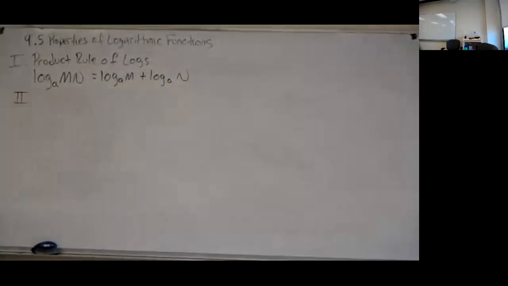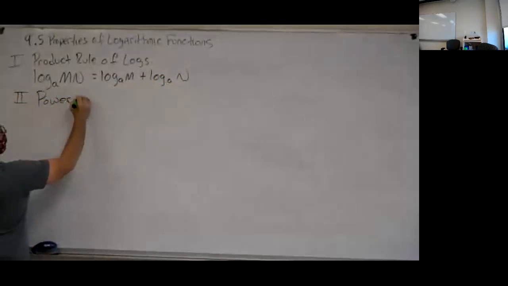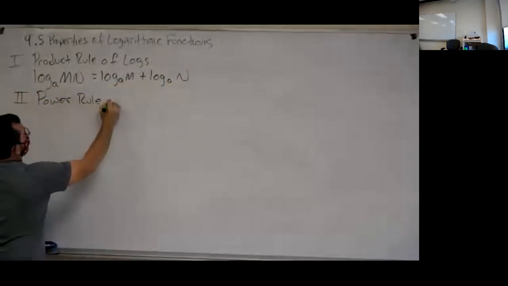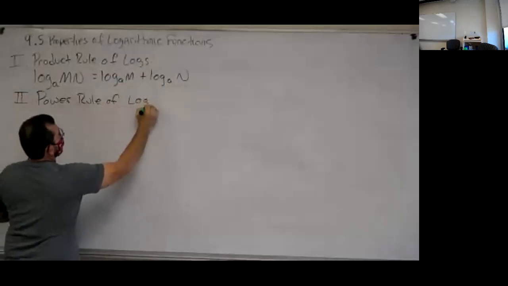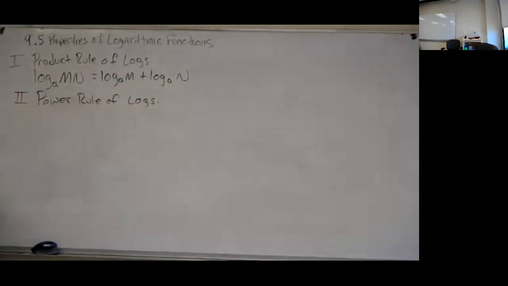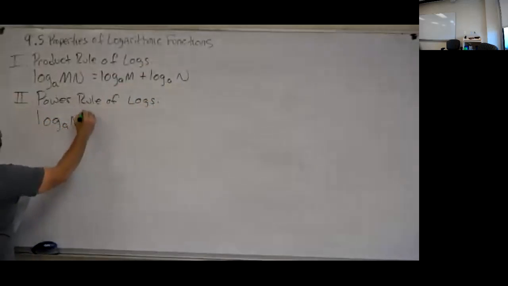Power rule of logs. So the power rule, you start with something being raised to an exponent. Now before, when you had, say, x squared raised to the third power, you multiplied those exponents.